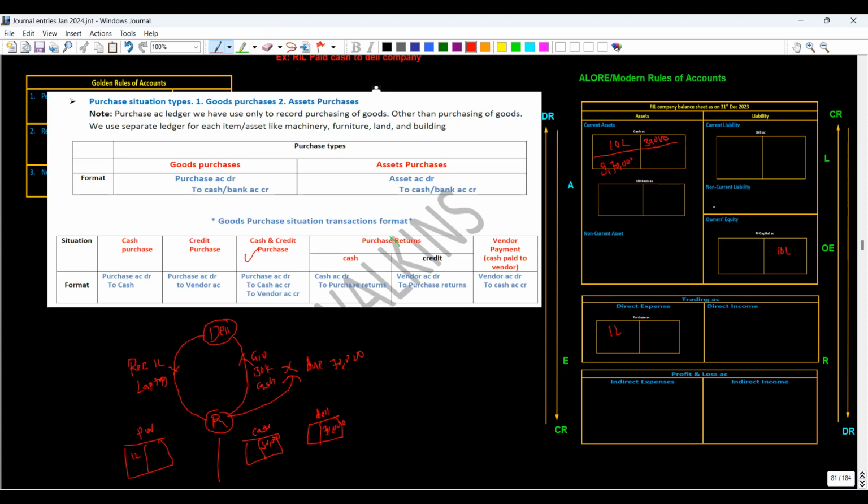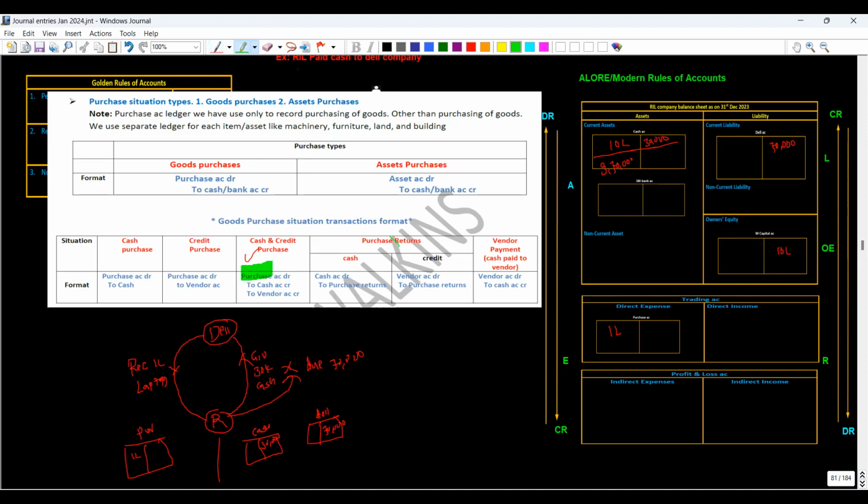The due we show in current liabilities, that is 70,000.